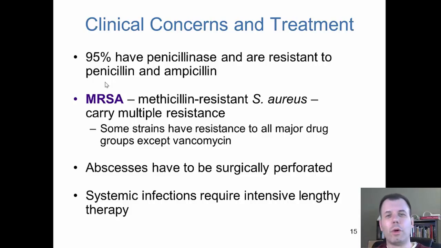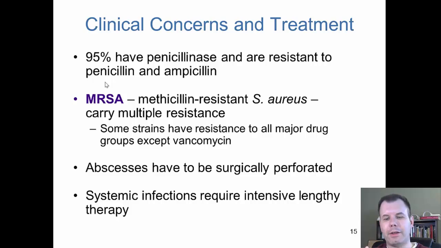Now, one of the things we worry about is MRSA, and MRSA stands for methicillin resistant Staph aureus. Why this is so nasty is that basically the cell walls on these guys are so thick that antibiotics just can't get through. And so MRSA is highly resistant to a lot of different types of antibiotics. One of the antibiotics that you can use is vancomycin, but it's not really the best antibiotic.